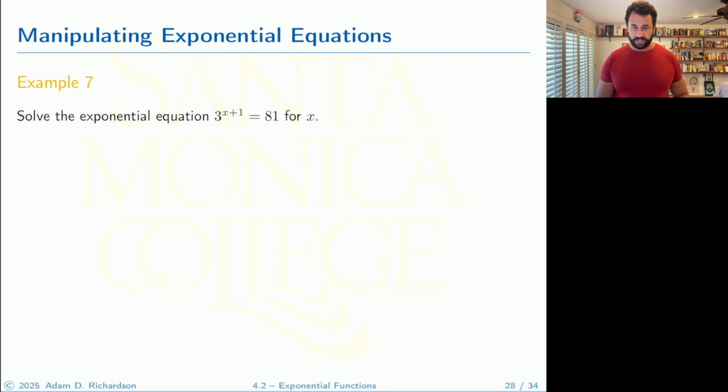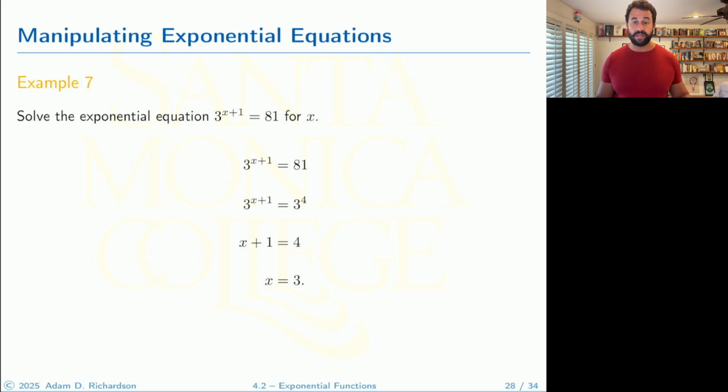So let's write it out this way. One thing that I notice about 81 is that I can write it as 3 to the fourth. 81 is equal to 3 to the fourth. And now we have exactly the scenario that we saw in that proposition a moment ago. We have 3 to some power equals 3 to some power. And that proposition says, hey, you know what?